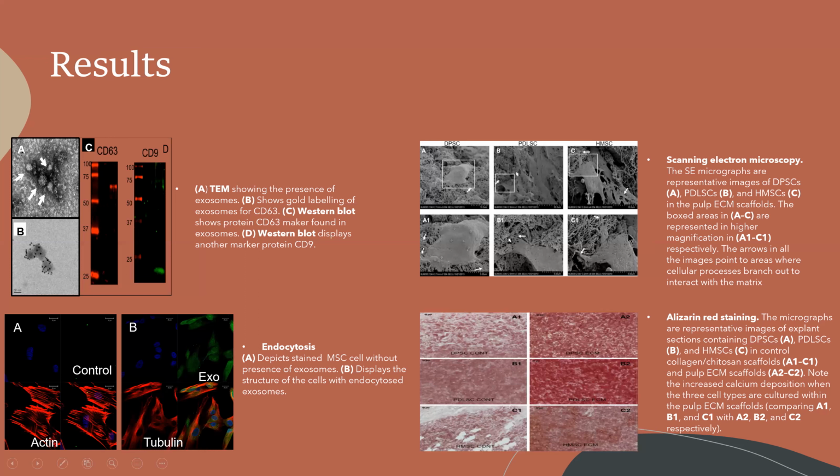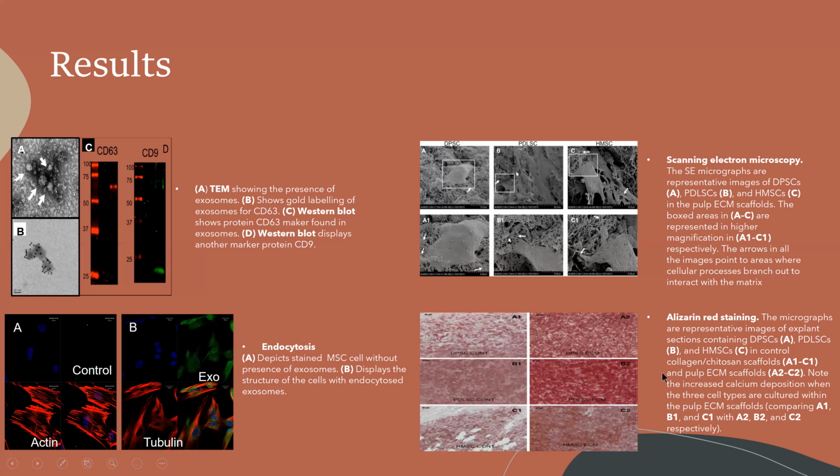The arrows in the figure point to cell processes interacting with the scaffolds, and collectively, these experiments demonstrate that DPSCs, PDLSCs, and HMSCs adhered, survived, proliferated, and interacted with their extracellular environment when cultured within the pulp ECM scaffold.